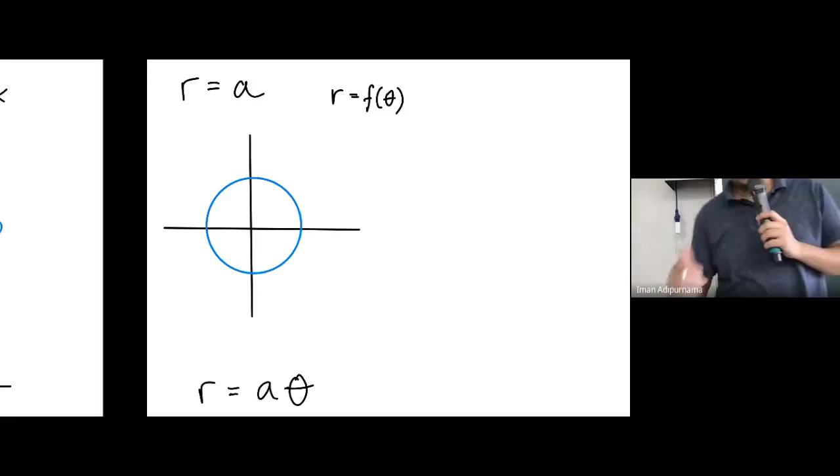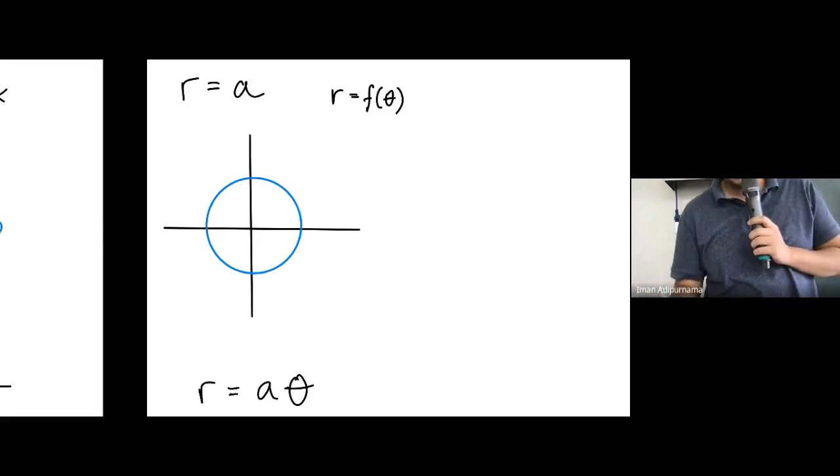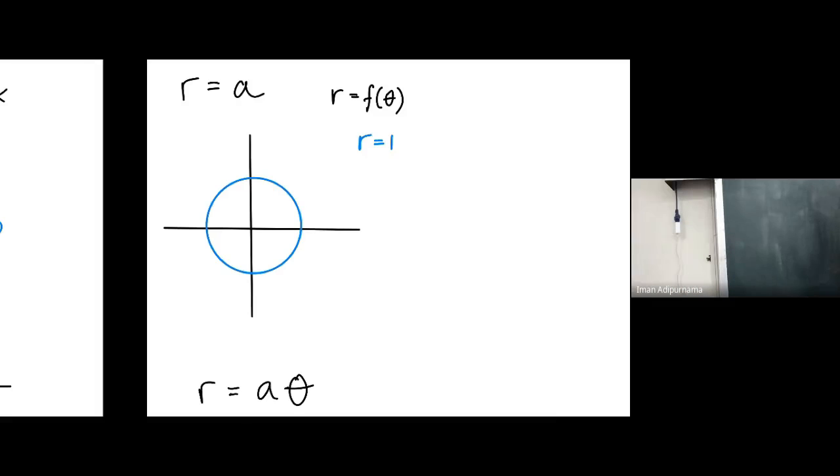So if I have, for example, r equal 1, it should be in the polar because it's not mentioning any angles, any degree, right?